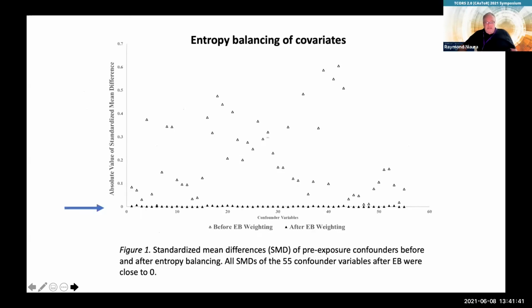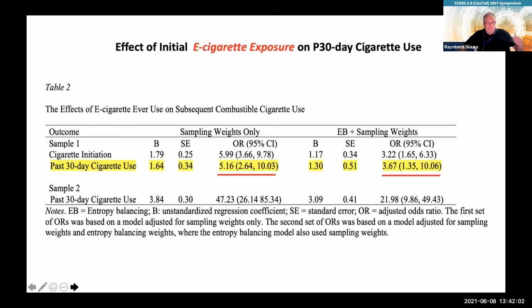This slide just shows what the balancing does. It works really, really well. We get complete balance on all of the 55 covariates or potential confounders.